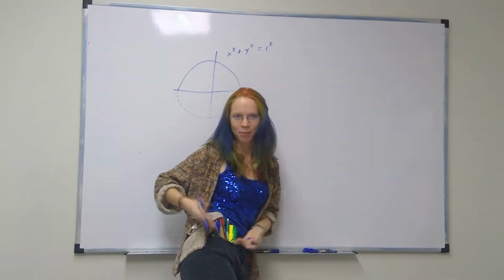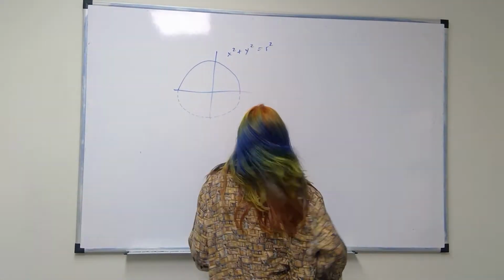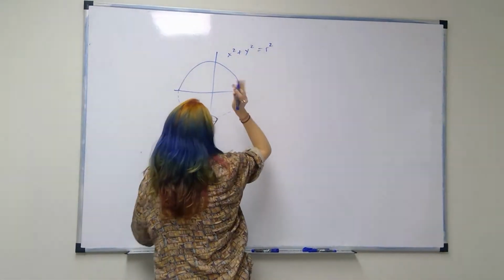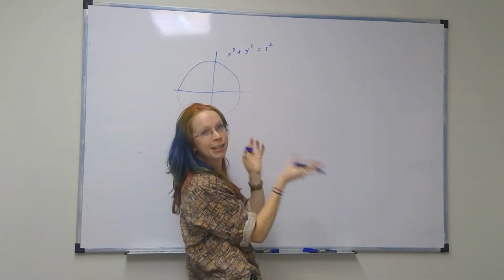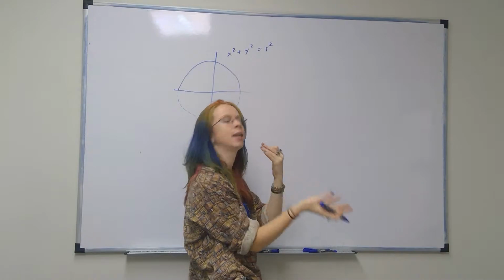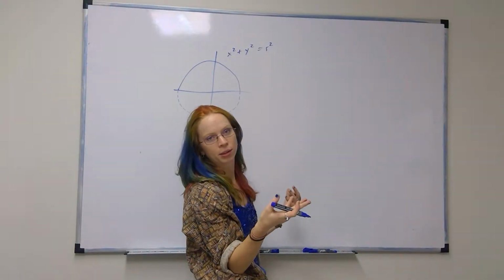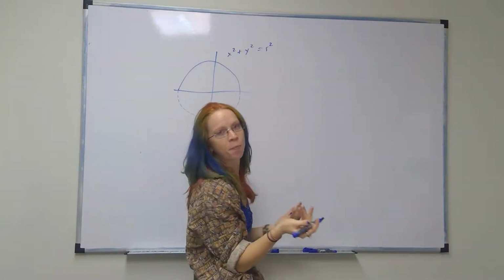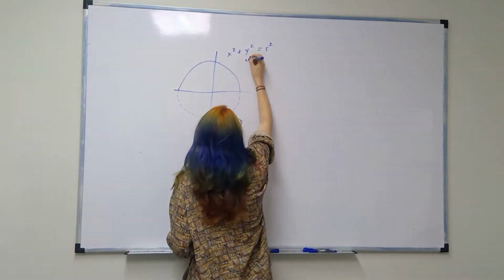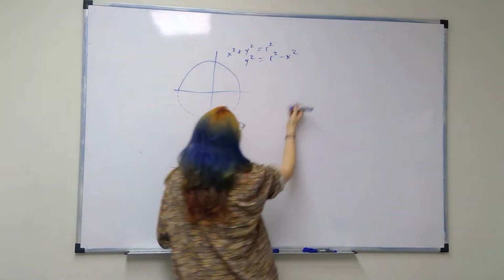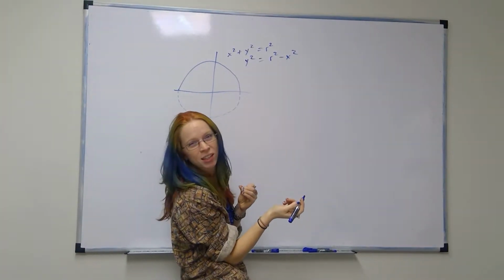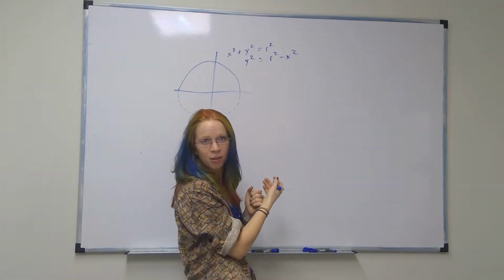I keep a million pencils and pens, and I just dropped one. Okay, I'm going to rearrange this. I don't really like having it implicit, meaning the x's and y's are jumbled together on one side of the equation. So I'm going to get y alone. And I'm only really interested in the positive half of the circle.